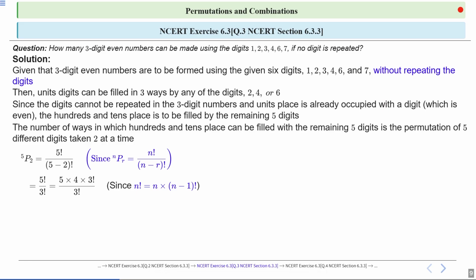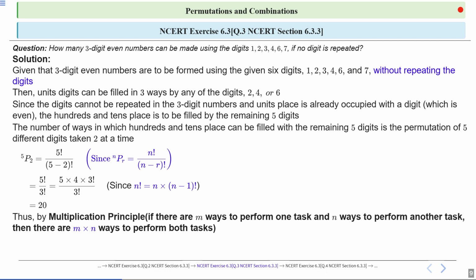Using this and simplifying, we get 5 factorial upon 3 factorial, which is 5 into 4 into 3 factorial upon 3 factorial. After simplifying we get 20. So 5P2 is equal to 20.